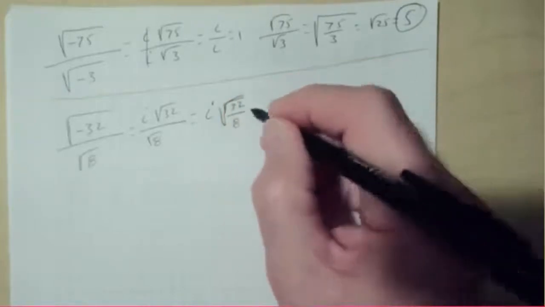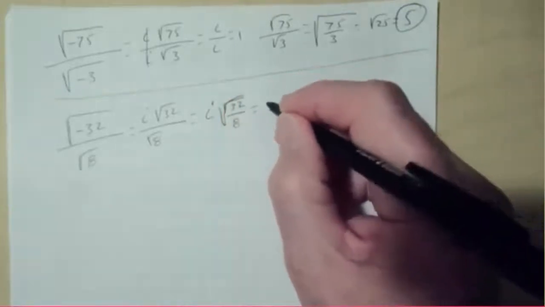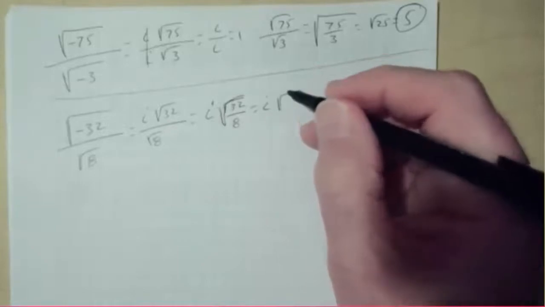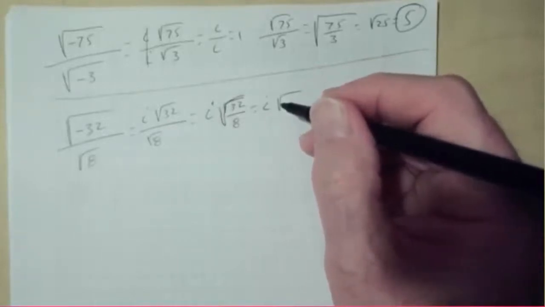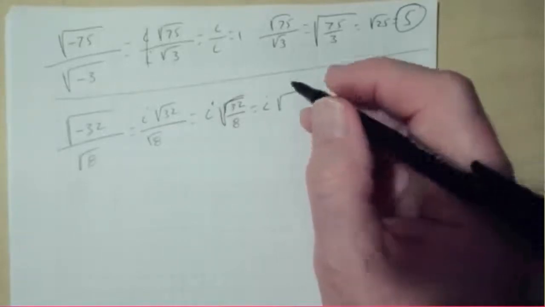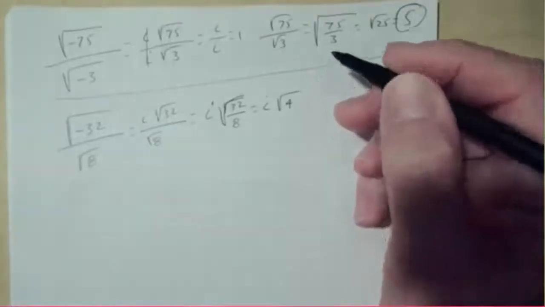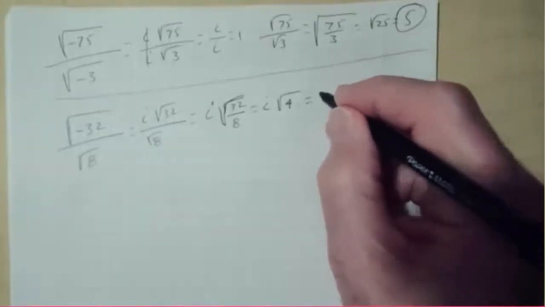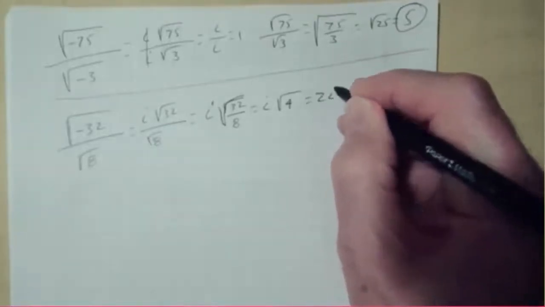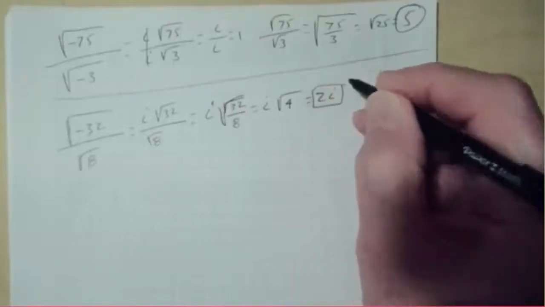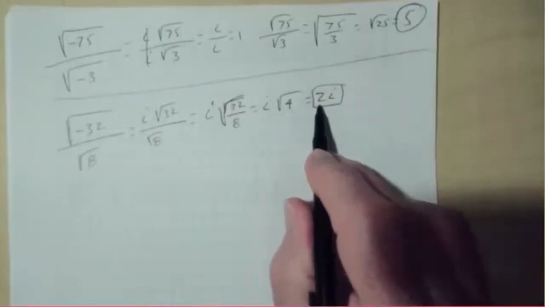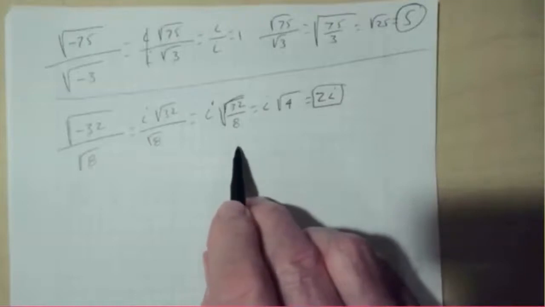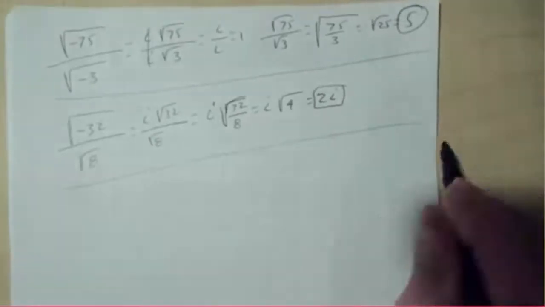So we have i square root of 32 over 8. So this is i times the square root of 4. And the square root of 4 is 2. And don't forget the i out there.